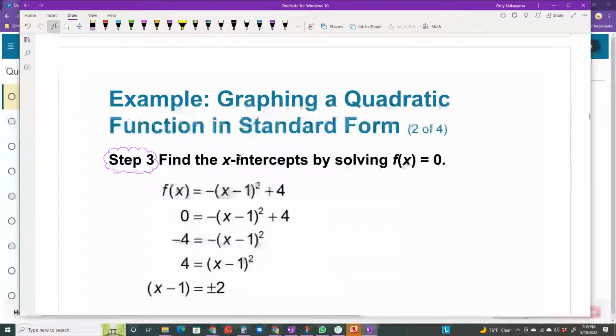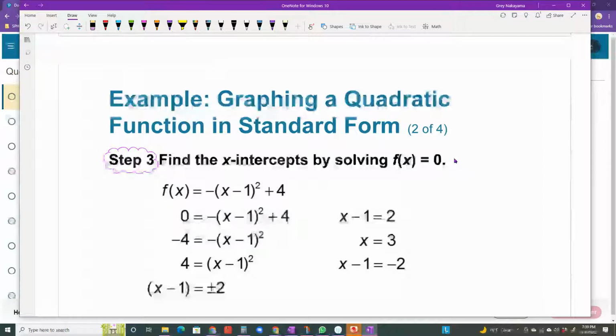I'm going through this very quickly, y'all, because you've already had this before. So, x minus 1 equals plus or minus 2, which means that x minus 1 equals 2, or x minus 1 equals -2. Add 1 in each case, x equals 3 or x equals -1.